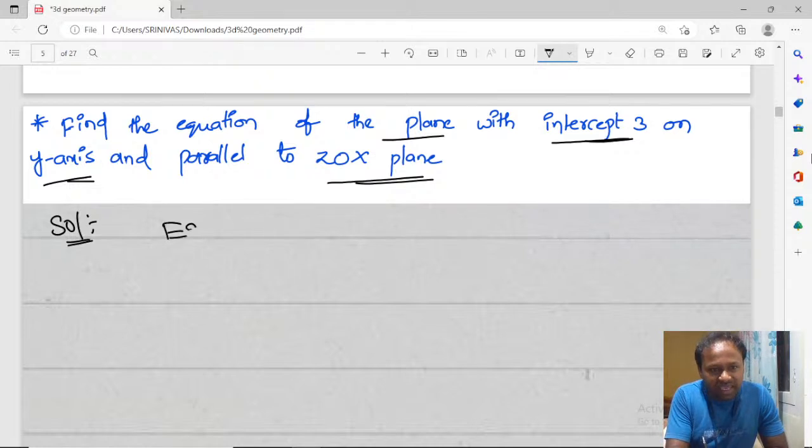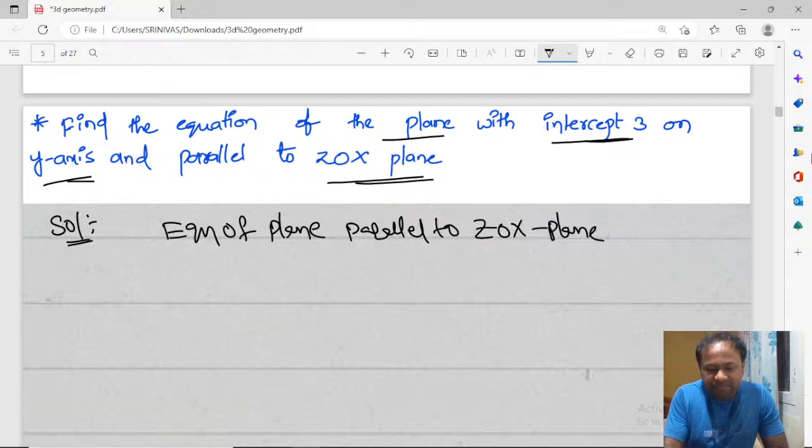So the equation of a plane parallel to ZOX plane, what is the form?